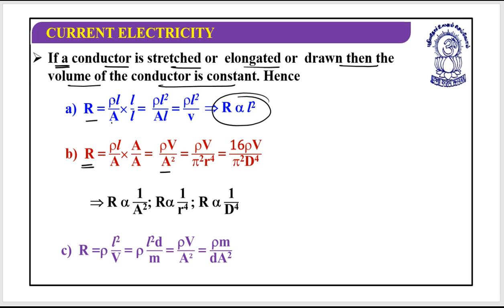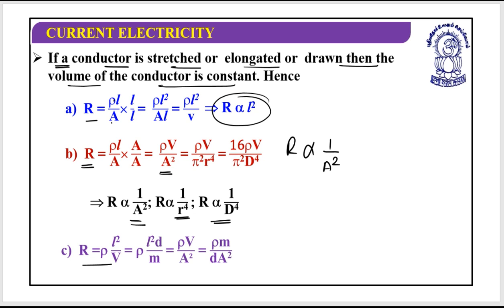Same way, R is inversely proportional to A square, and R is inversely proportional to the fourth power of the radius, as well as the fourth power of the diameter. One more thing, I can also write R is equal to rho into L square by V.